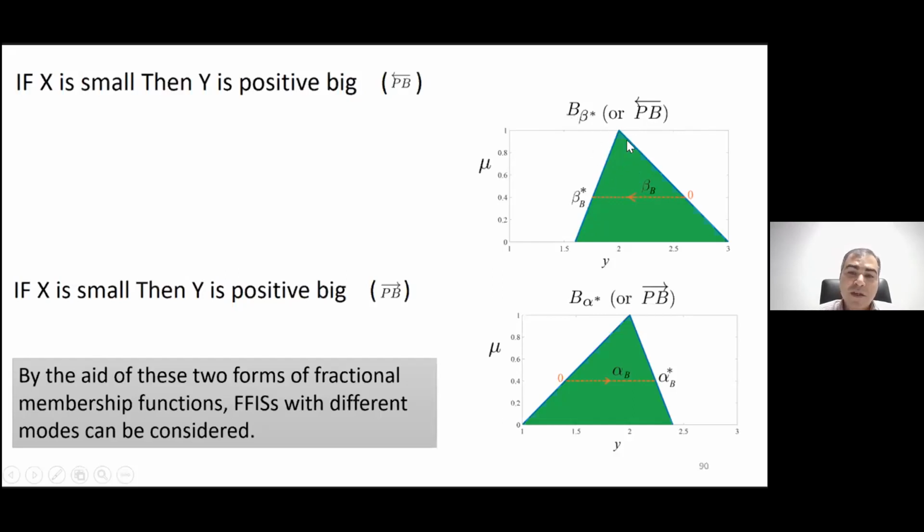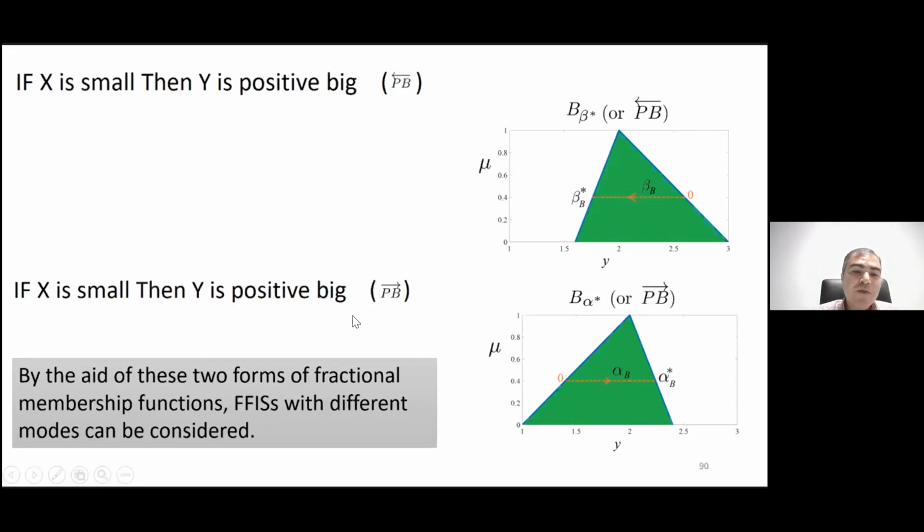Its name is positive big, and this arrow from right to left indicates that this is a fractional membership function of the type beta. And similarly, this arrow shows that the membership function of the fuzzy set labeled as PB is a fractional membership function of the type alpha.